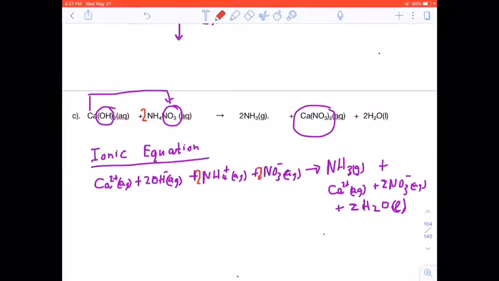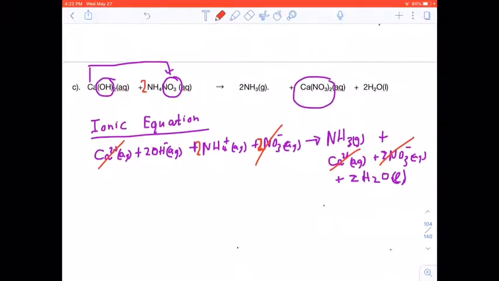Okay, 2. So that makes sense there, which means in this situation now, I've got 2 nitrates cancelling out, and calcium cancelling out with that calcium, and then what do I have left?